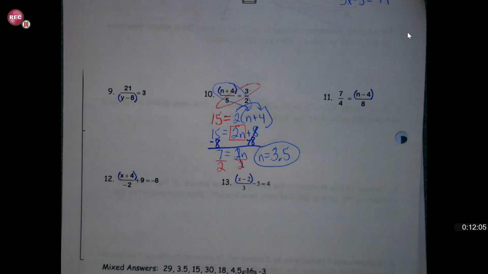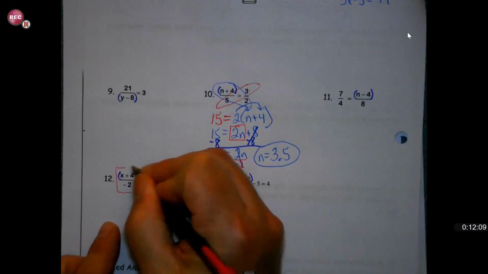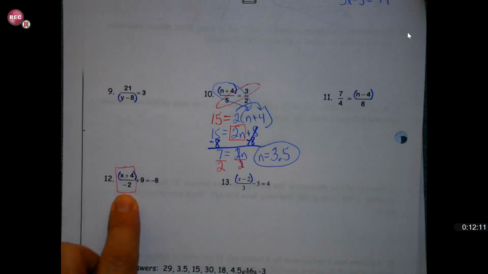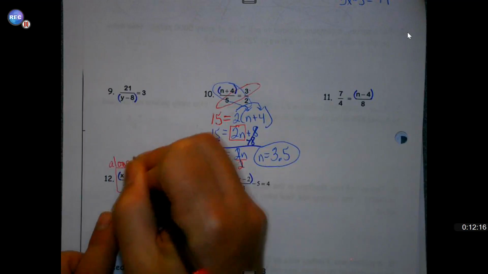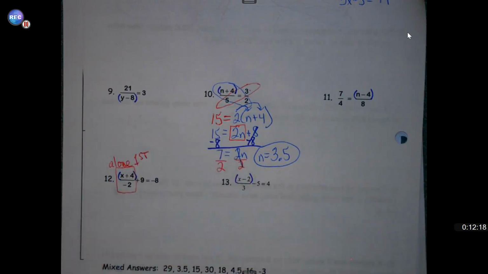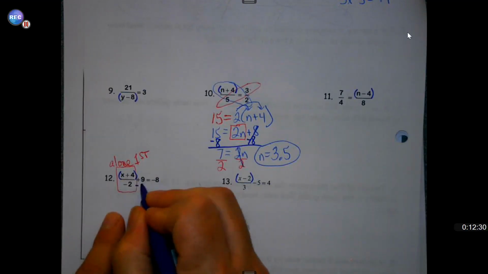But, and let's make note of this, this that I've got boxed in, this has to be alone first. Before I go to distribute, before I go to multiply by something, I got to have that fraction by itself. So I got to deal with this first.